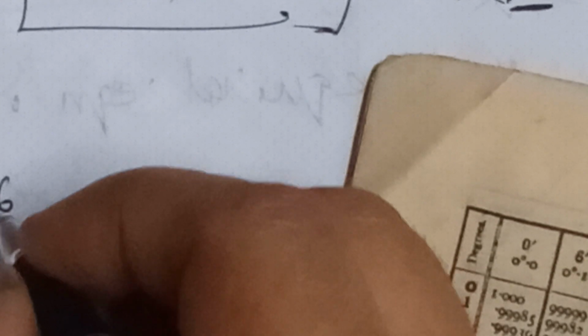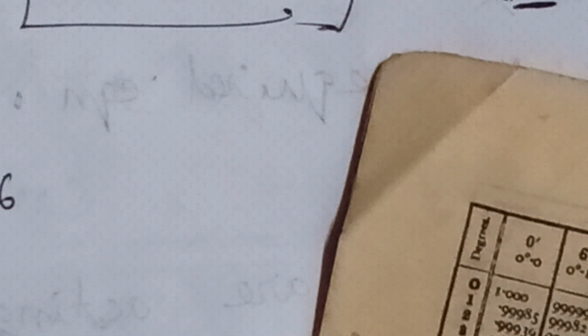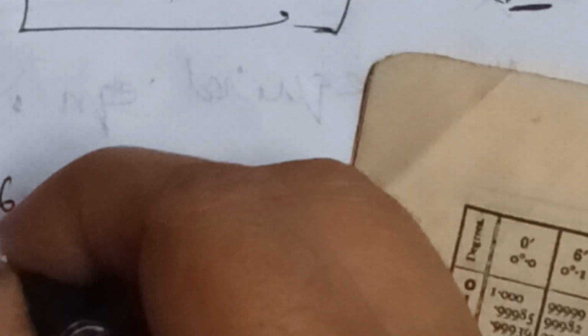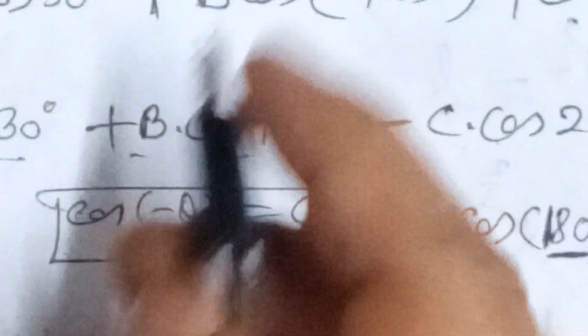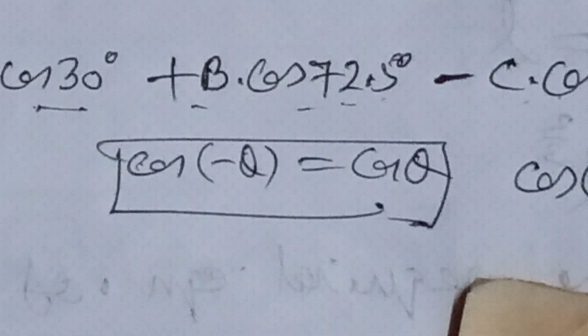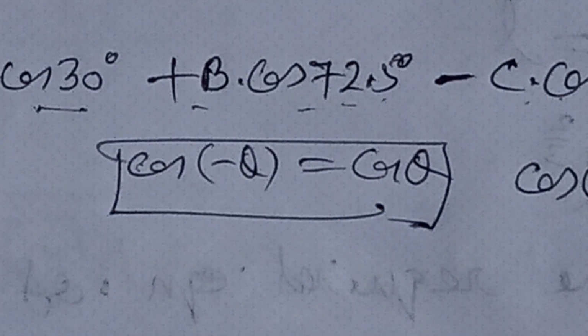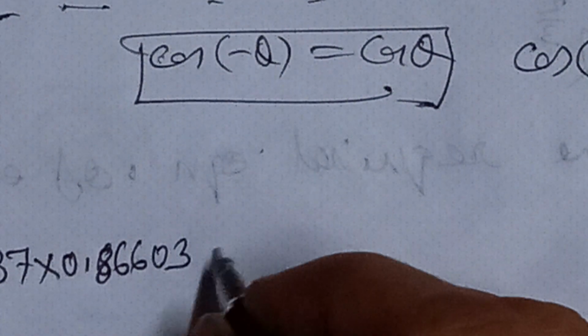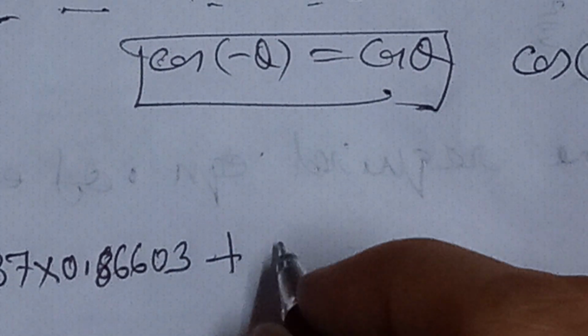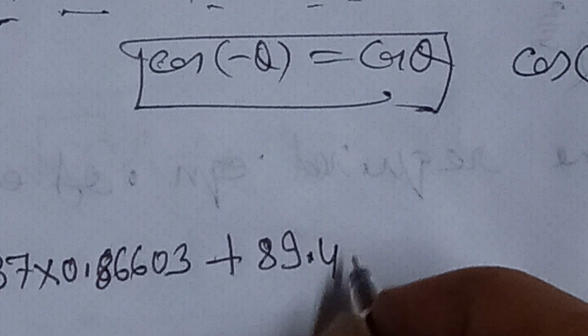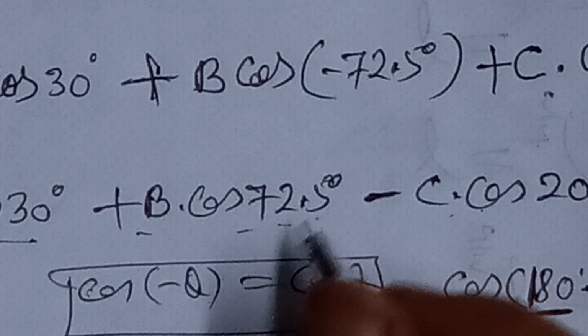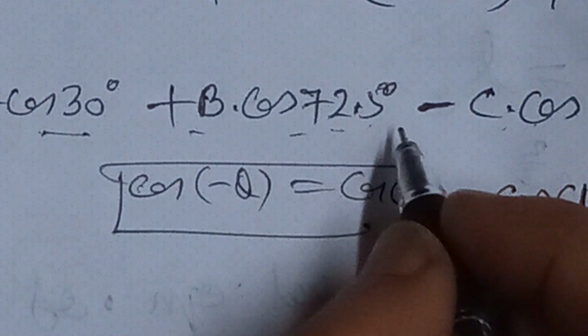So I write here 0.8660. After it we have to write the value of B. Value of B is 89.4, and we write the value of cos 72.5.